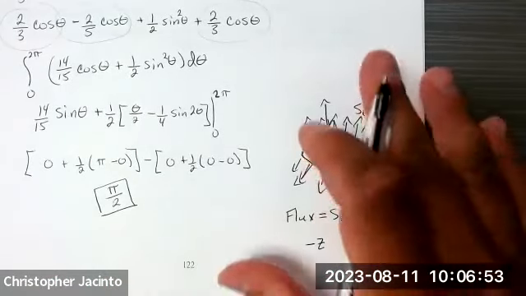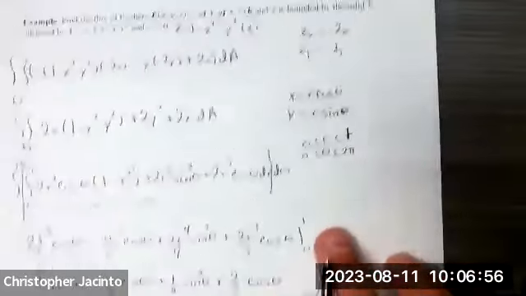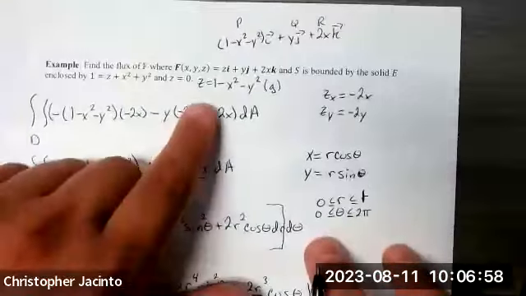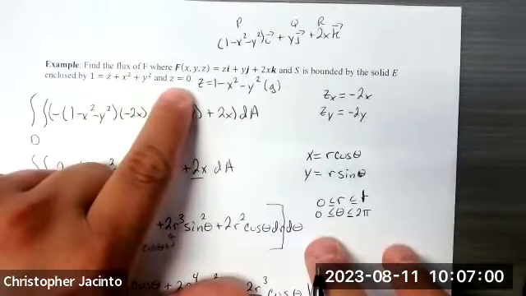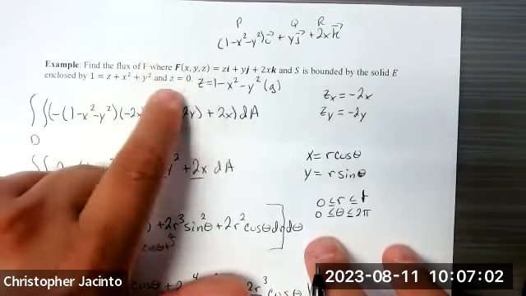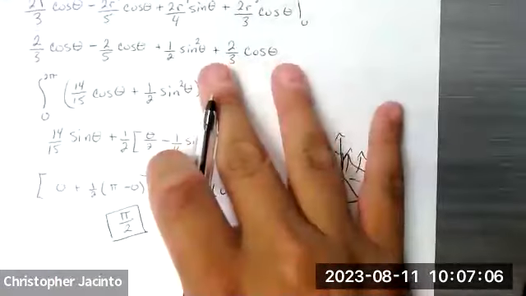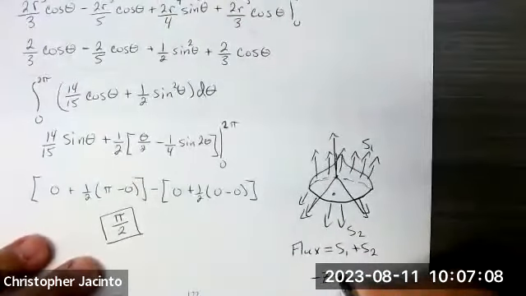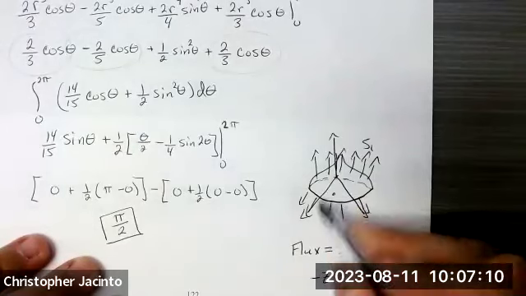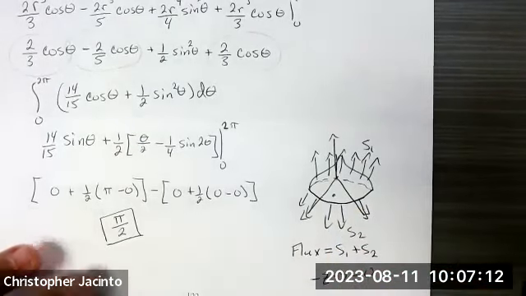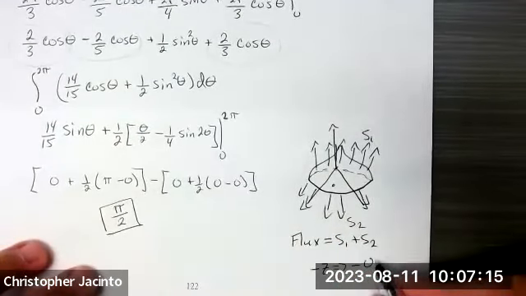Now the great thing is, if we go back up here, we are told z equals 0. So that implies the vector field going down here is negative 0, or just 0.